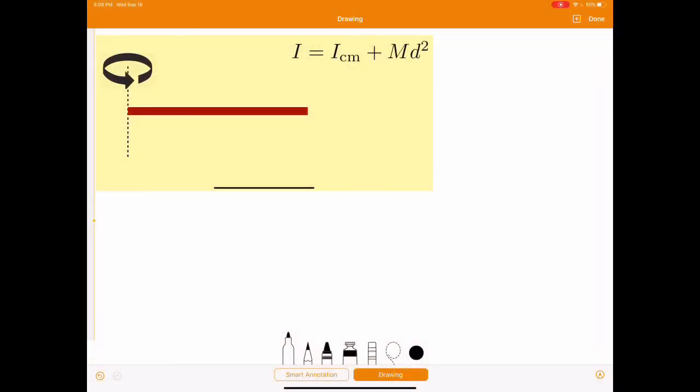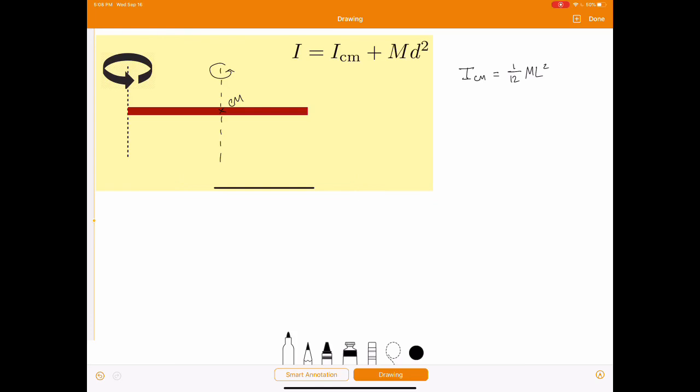Okay, so here's the situation. We already calculated I_CM for this object. In other words, we calculated that if you rotate a rod about its center of mass, then the moment of inertia is 1/12 mL squared. So that would be this axis here, which goes through the center of mass, which I'll show with an X right here.